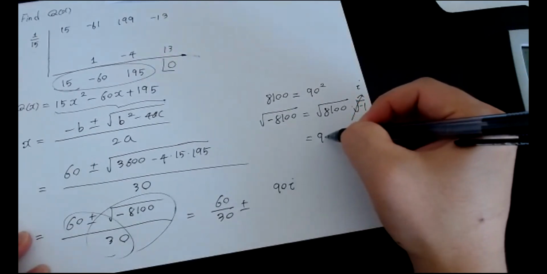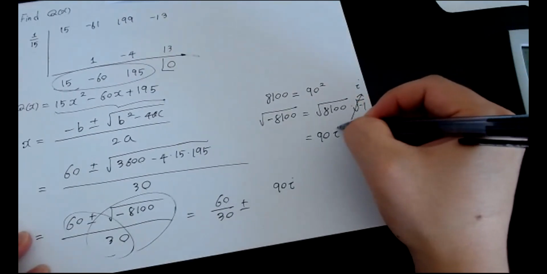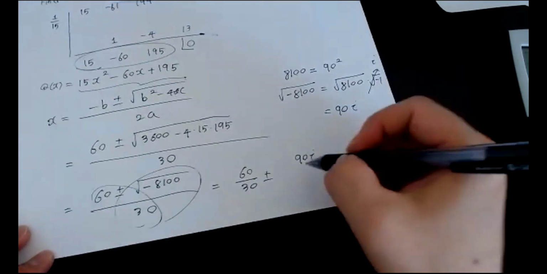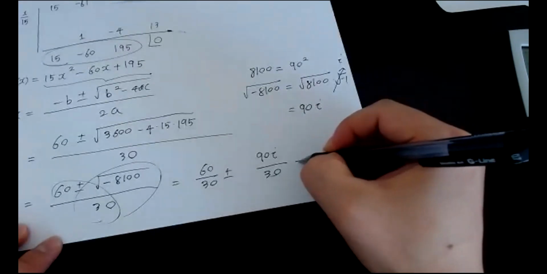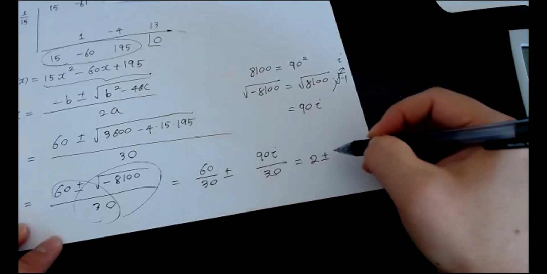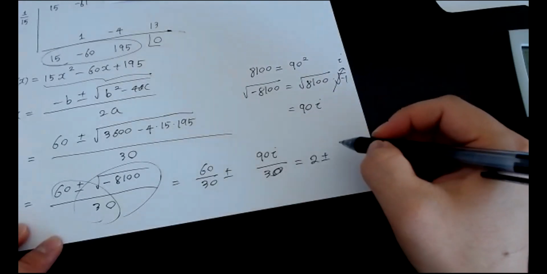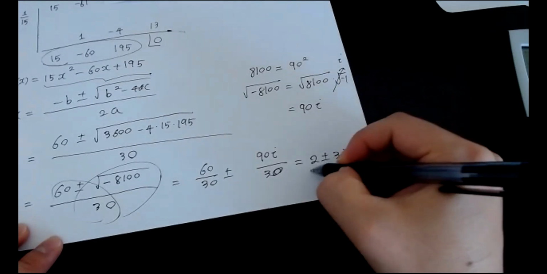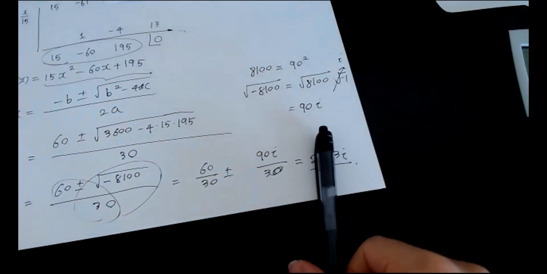So this is 90i over 30, which is 2 plus or minus 3i. So the answer is C.